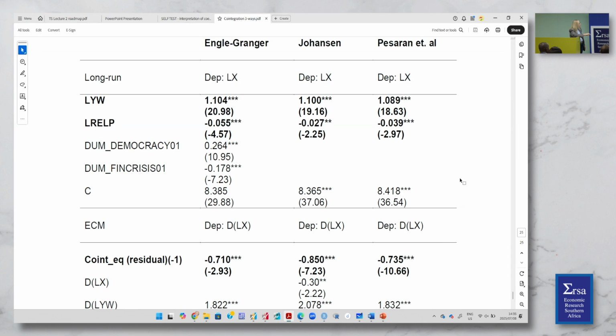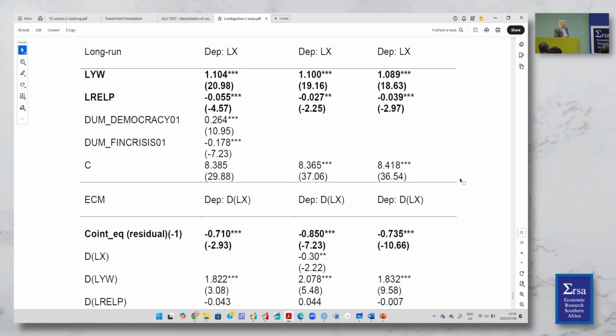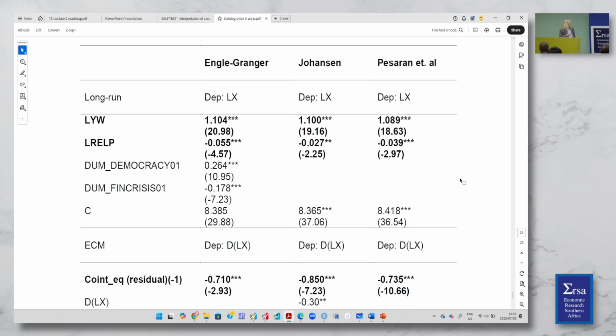approach, you can see it will never give you exactly the same results, although now the software will allow us, at the point when I did this, you could not include dummies here, or you could technically include dummies, but then it will difference it in the short run. And think about what we do if we difference a dummy.